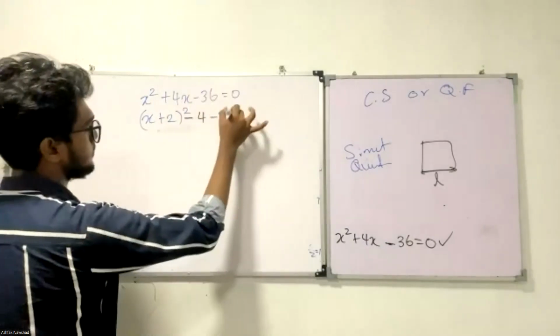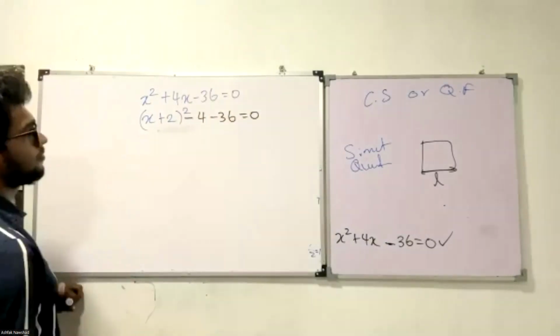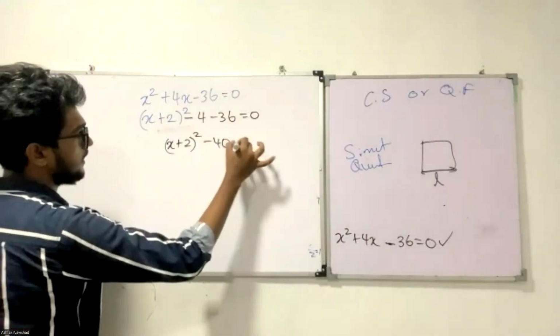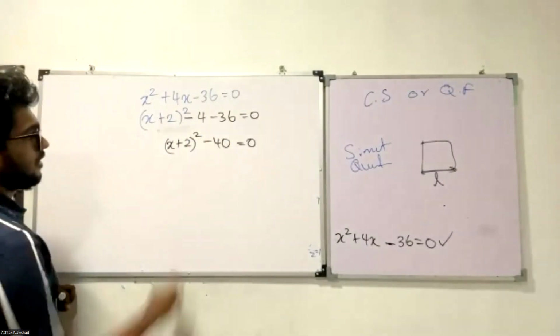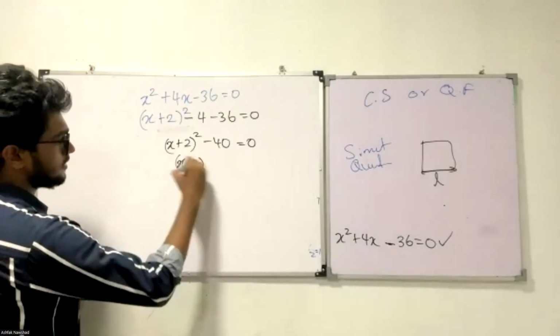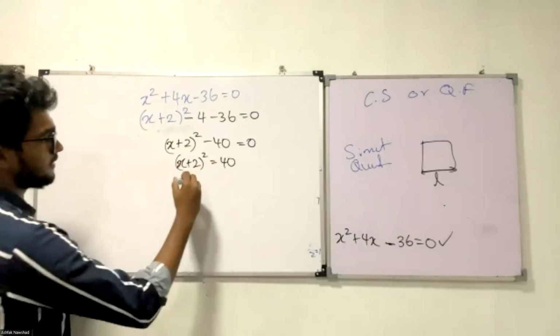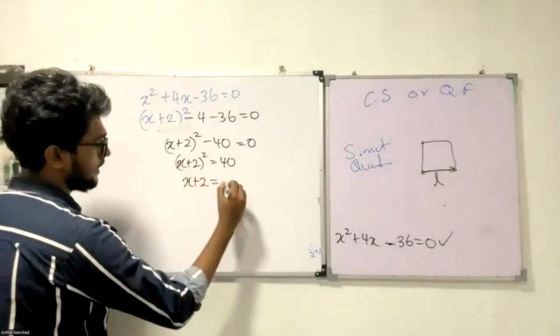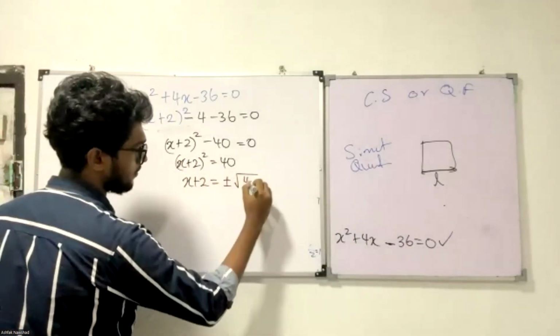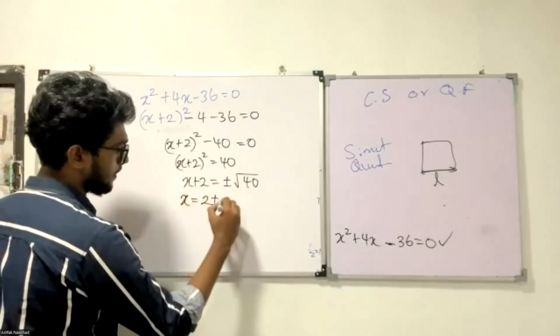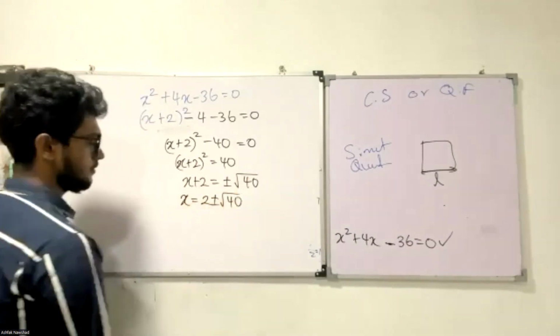And write the rest: (x plus 2) squared minus 40 is 0. Now (x plus 2) squared is 40, and x plus 2 is plus or minus square root 40. So we'll end up with x equals minus 2 plus or minus square root 40.